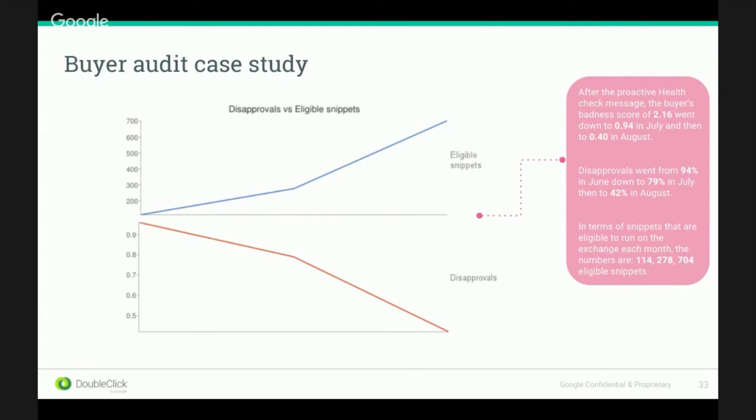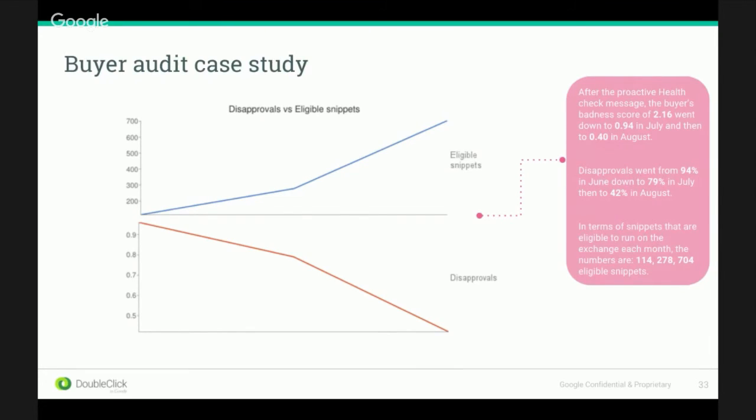To tie that into the number of disapprovals, that went down from 94% to 79% to 42% in August. And to relate it further, in terms of the number of eligible snippets to run on the ad exchange, when the badness score was high at 2.16, the eligibility of snippets was 114.